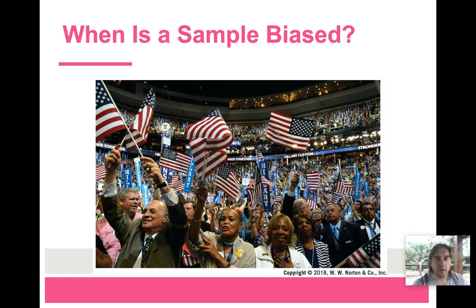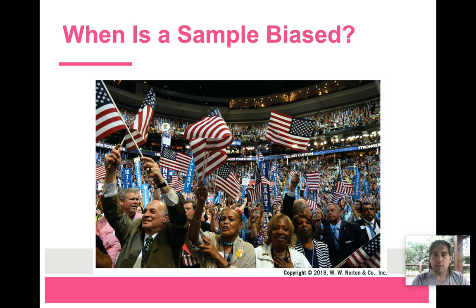So you think, oh wow, well there's a rally for a Democratic candidate that's coming up. What a great opportunity to go collect my data, right? Because what's happening is that all of these people who are presumably going to be more likely to be a registered Democrat because they are showing up at a Democratic rally, they're all gathering in one place.